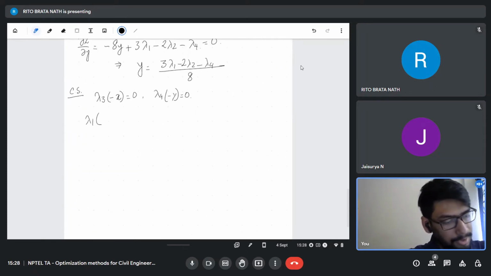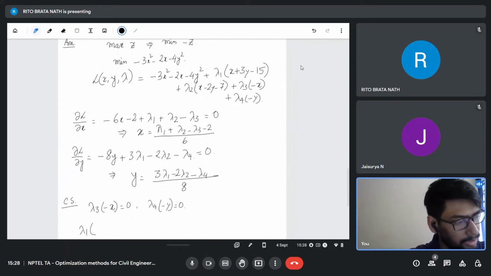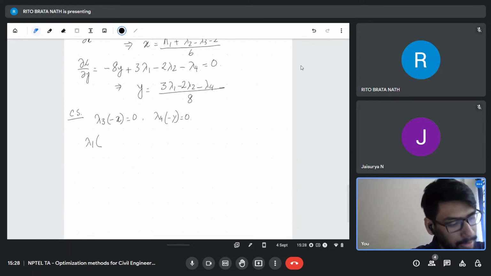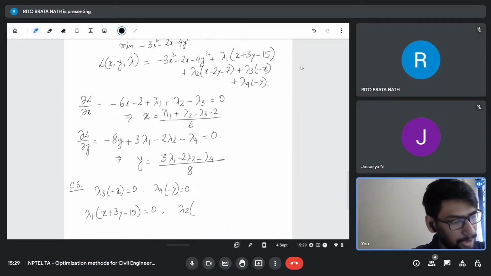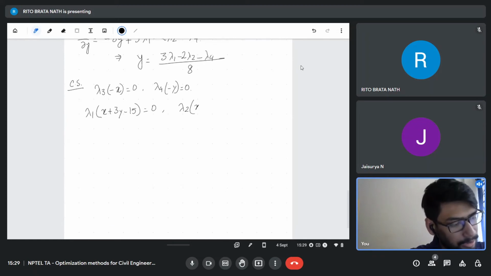Lambda 1 times x plus 3y minus 15 equals 0, and lambda 2 times x minus 2y minus 7 equals 0.